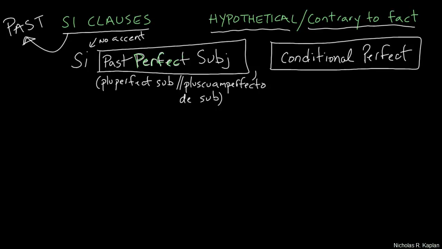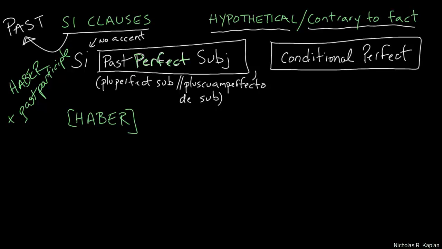So our perfect tenses, we know, use a form of haber, and then we're going to add to it the past participle. So if we are working in the past perfect subjunctive, that means we want to take haber and put it into the past subjunctive, which would be... I'm not going to write out all the forms.